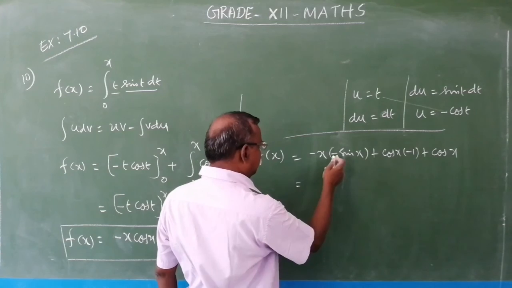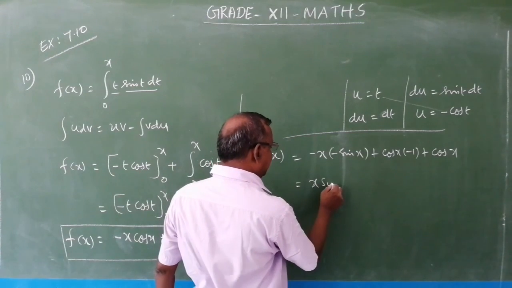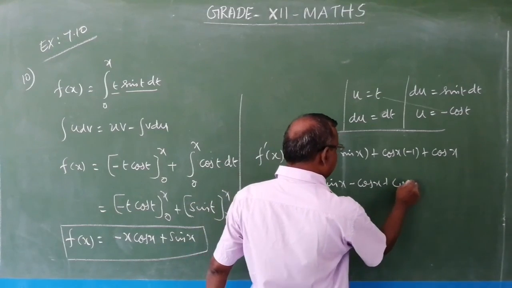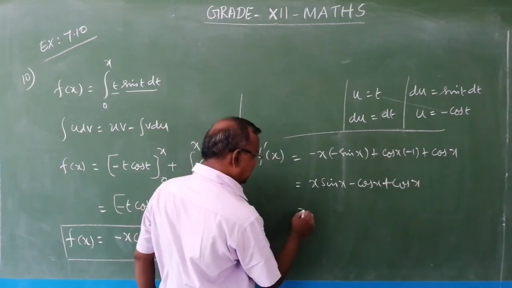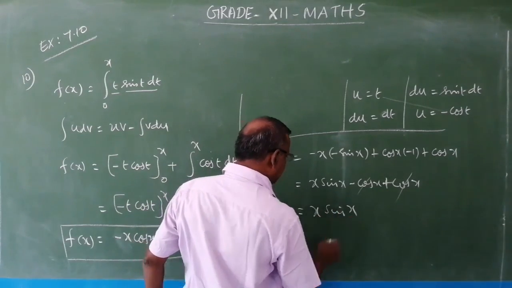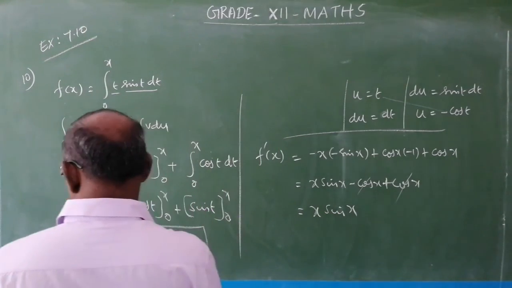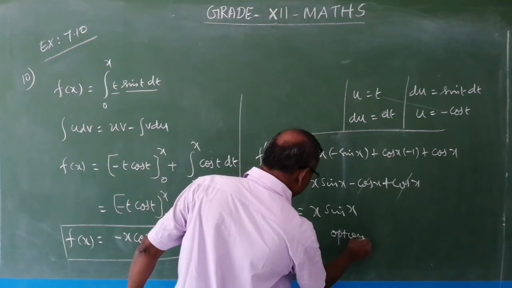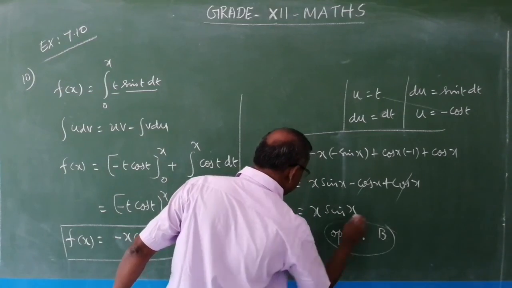This is equal to minus into minus plus x sin x and minus cos x plus cos x. So this is equal to x sin x. So the answer is x sin x. The answer option is B. So option B is the correct answer.